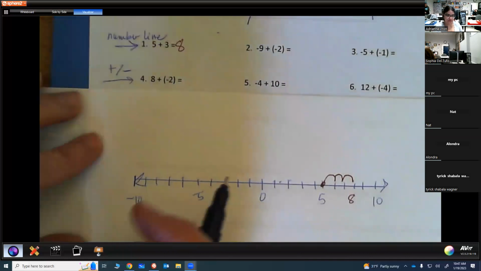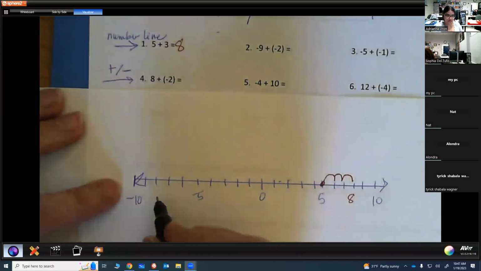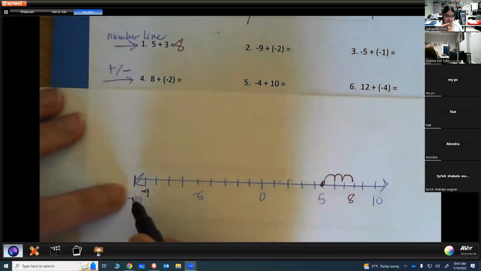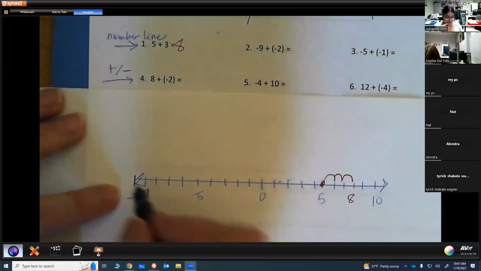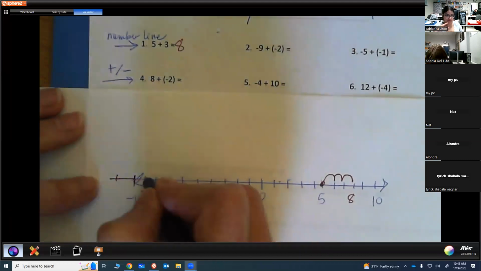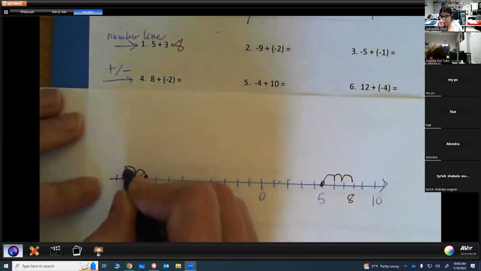Number 2, -9. That means we're going to start all the way over here and add -2. I didn't make enough, I need to extend my number line here. If I'm at -9 and I'm adding a negative, that means I'm going left 1, 2.